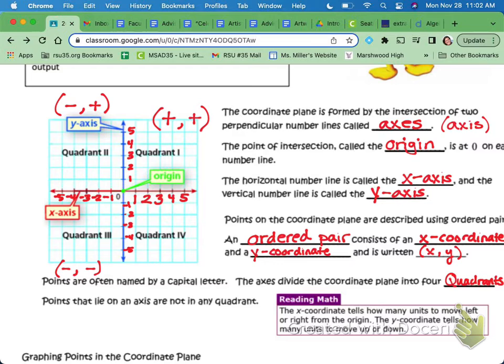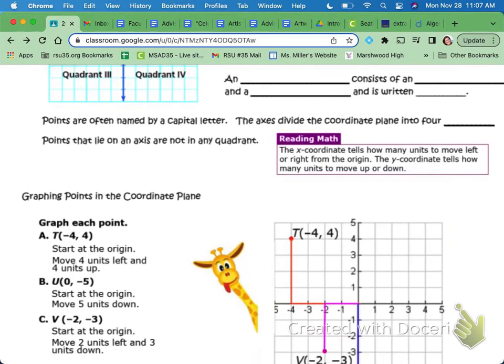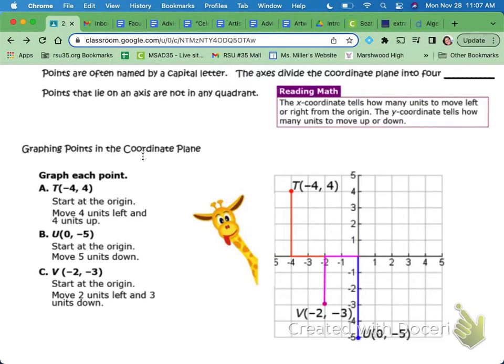And in quadrant 4, my x's are positive and my y's are negative. Good. Okay. Questions about any of that? All right, so points that lie on the axis would not be in any quadrants.